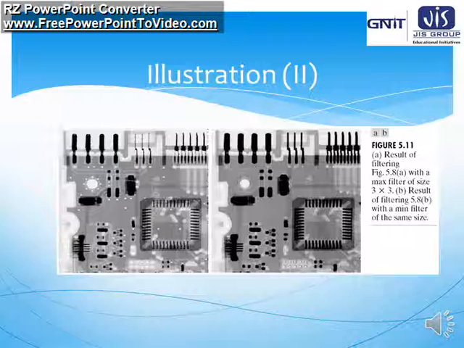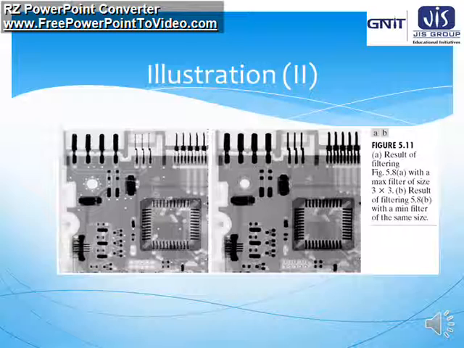So the first image is the result of filtering with a max filter of size 3 cross 3, and the second image is the result of filtering with a min filter of the same size. That means the size should be 3 cross 3. Here the size is 3 cross 3. So the first one is the output of a max filter of size 3 cross 3, and the second one is the output of a min filter of size 3 cross 3.